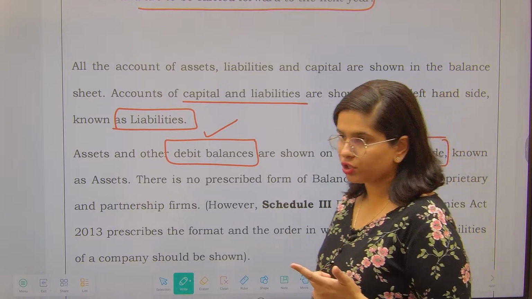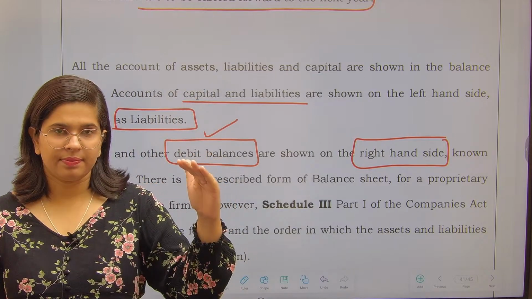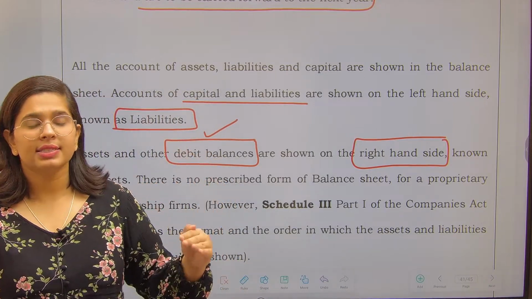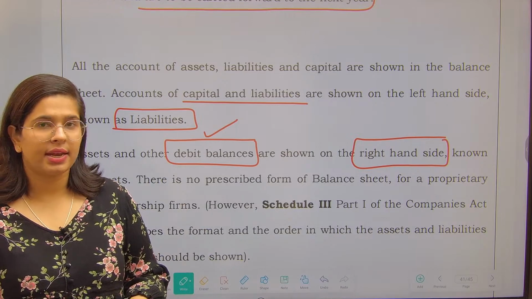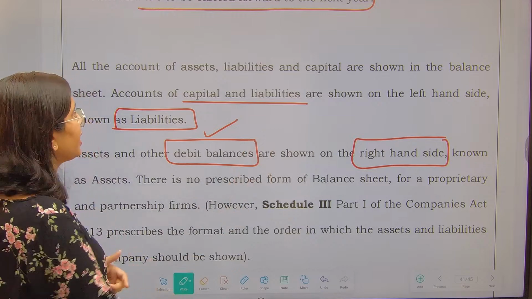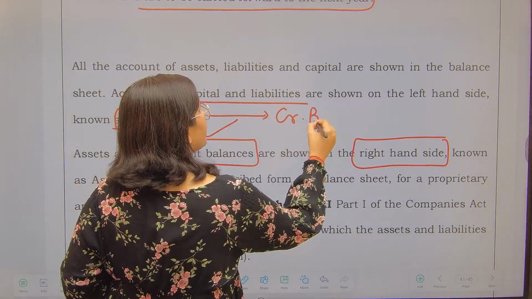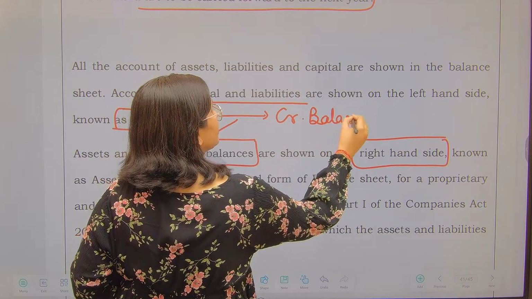I have always taught you, whenever assets increase, we debit it. Whenever assets decrease, we credit it, right? So assets have a debit balance, liabilities and capital have a credit balance.